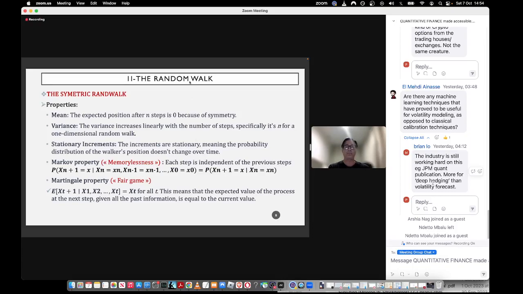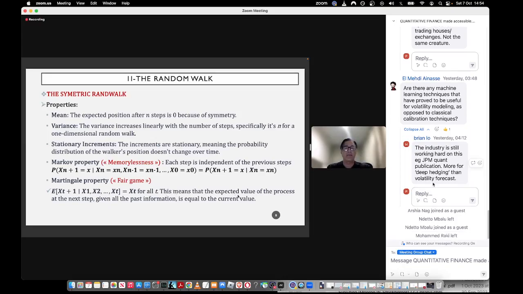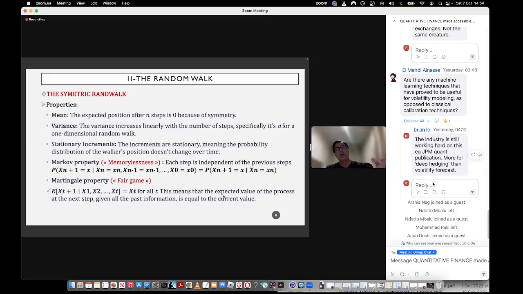Okay, so more formally, considering the symmetric random walk, it means that the expected value of the process at the next step, given all the past information, it's why we talk about filtration, all the information you have accumulated until now, is equal to the current value.